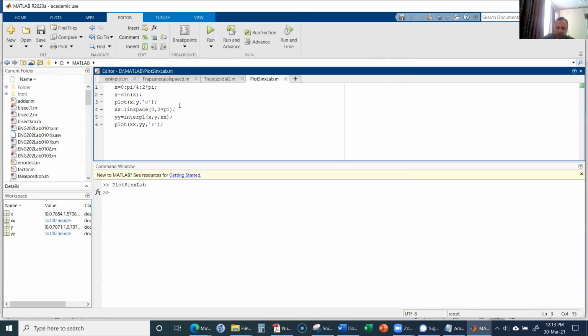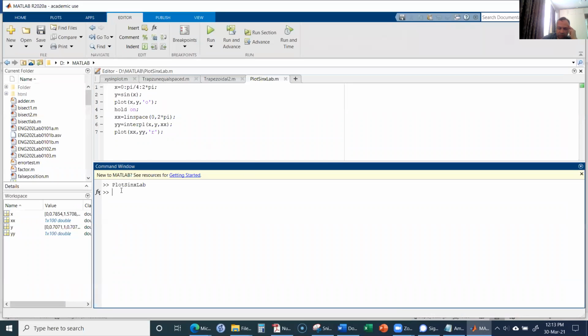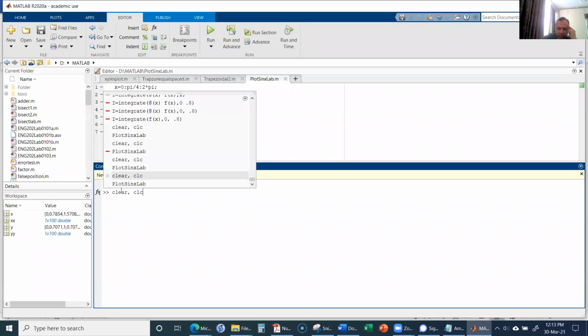But I cannot see the previous plot in which I have the original values. So I think I need to add one more command over here, hold on. This will mean that the new plot will be plotted over the older plot.